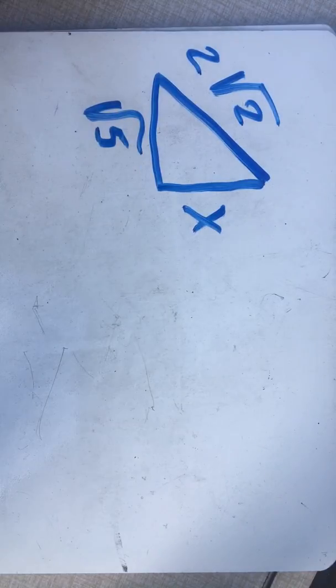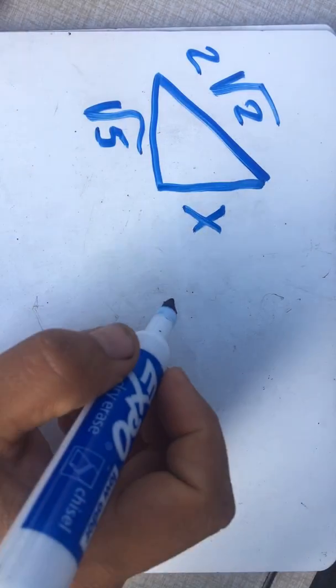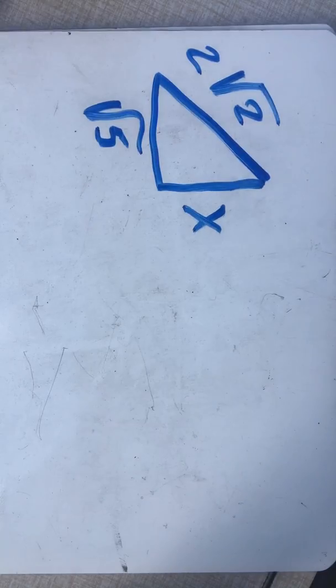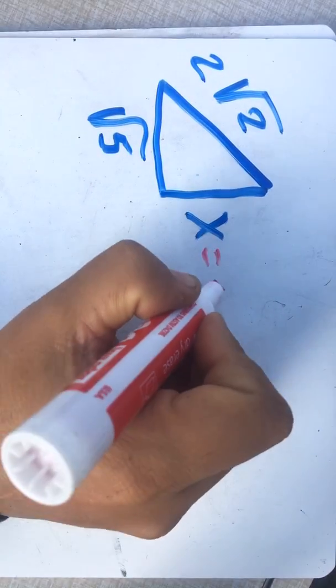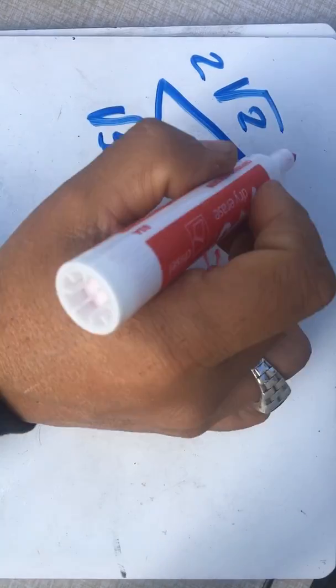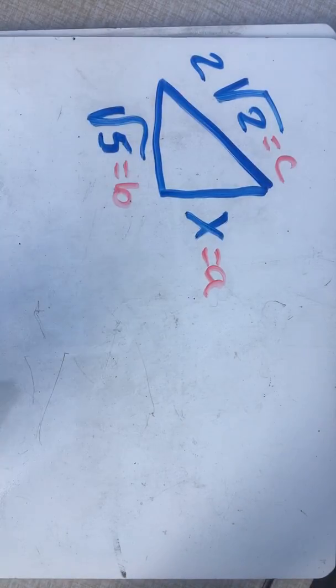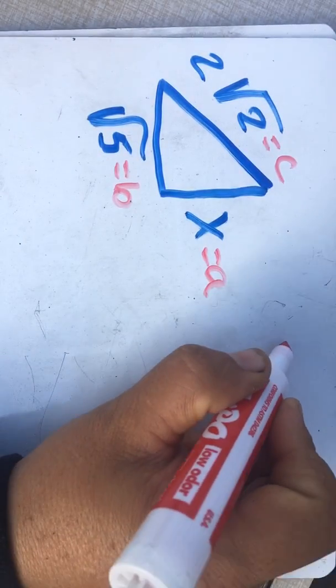If we understand that, then we have a very basic form to do. First of all, we identify the side lengths. I'm going to call this A, this B, this C. Not because I want X to be my short side, but because when I look at the picture it makes sense. I'm calling it A because it doesn't really matter for me whether the radical 5 or the X are bigger. But I go back to my basic formula.